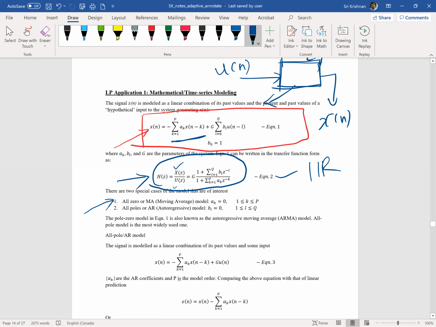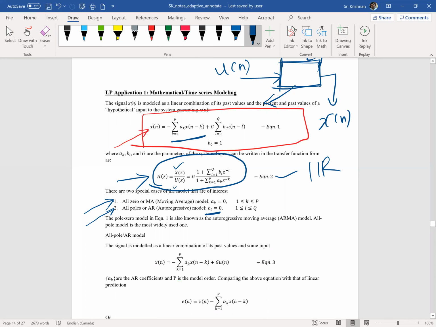The second thing is that when we assume the numerator coefficients are 0, then you will end up with an expression which has 1 in the numerator, and a denominator polynomial which could be factored, and you will have an all-pole model. The all-pole model is known as an autoregressive model.